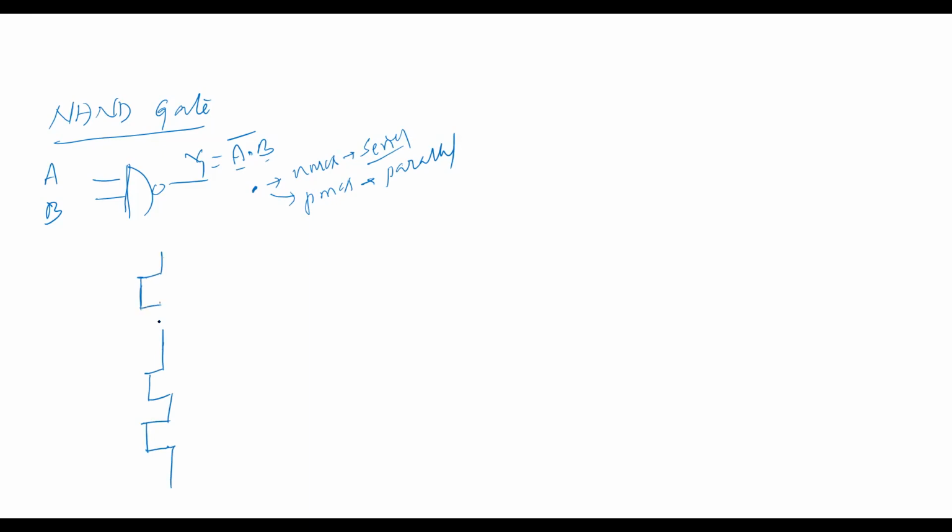This is my load. The load is always a depletion transistor in NMOS logic, whose gate and source are joined together. This is the output Y.